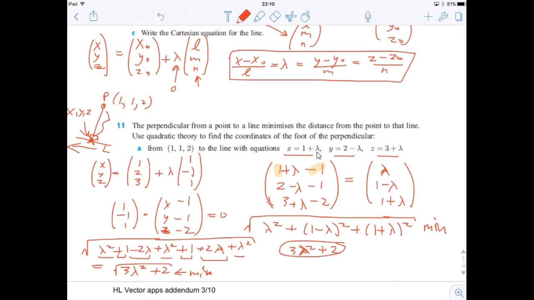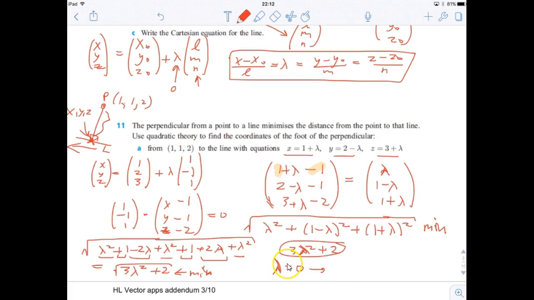To minimize the parabola 3 lambda squared plus 2, the value of lambda which would make it smallest would be lambda equals 0. We know that because 3 lambda squared plus 2 is a parabola centered at x equals 0, right? The axis of symmetry is at 0. So the minimum value would be at lambda equals 0.